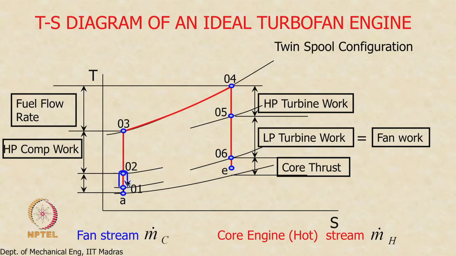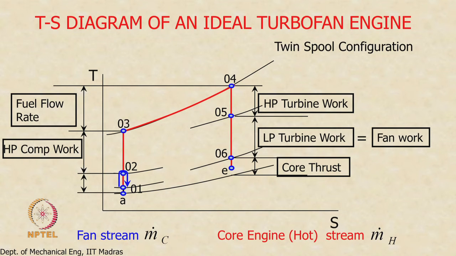You can see that I have indicated that using a curved arrow to differentiate between these two. The m dot c of the air goes through the intake from A to 01, and then it goes through the fan, and then 02 to the exit will be the fan nozzle. I have not indicated the fan nozzle here, but the expansion process from 02 to this pressure is the fan nozzle part of it.